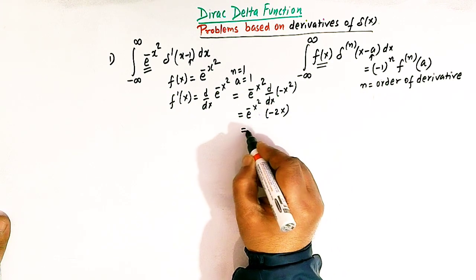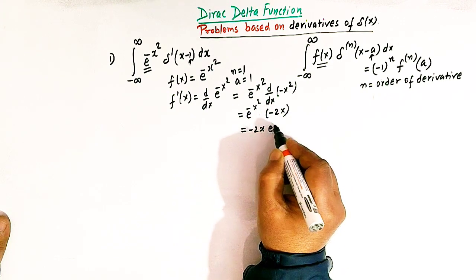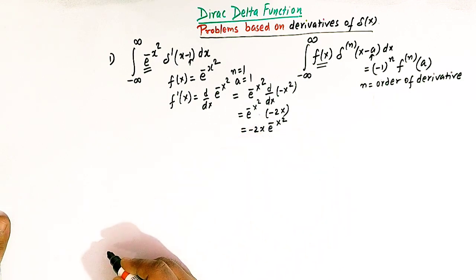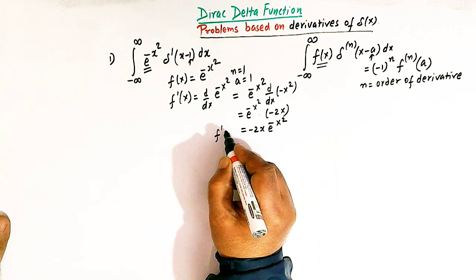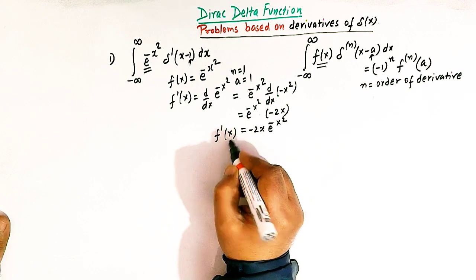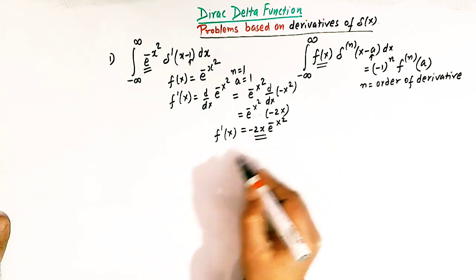So this is minus 2x e raised to minus x square. The f prime of x is given by this expression.